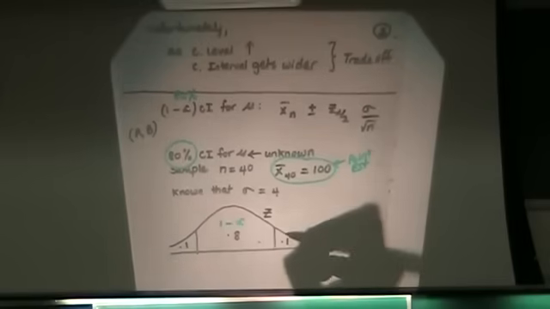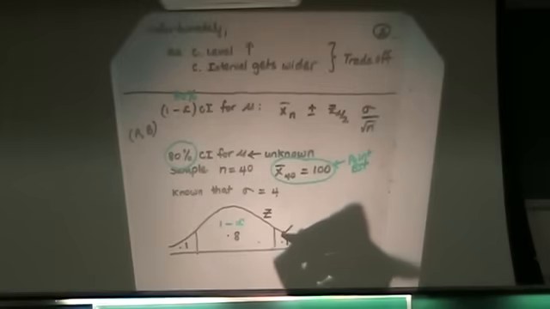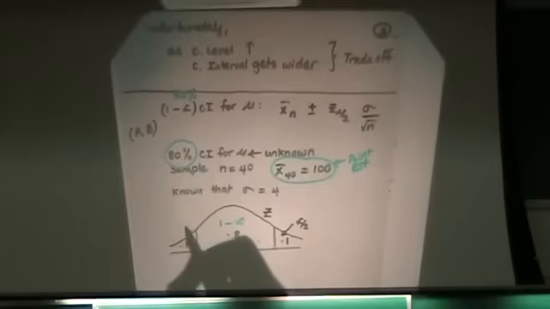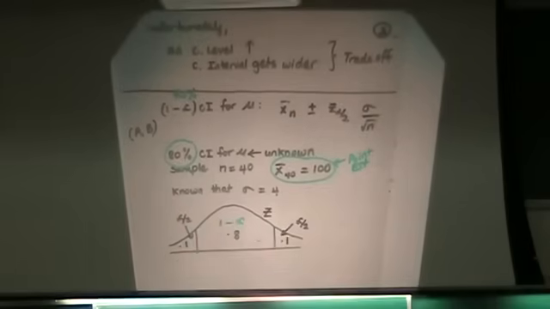So this is alpha over 2, and this is alpha over 2. And all together, I have 100%. So if this is alpha over 2, this is alpha over 2, and this is 1 minus alpha, all together I have a total area of 1. Do you see that?